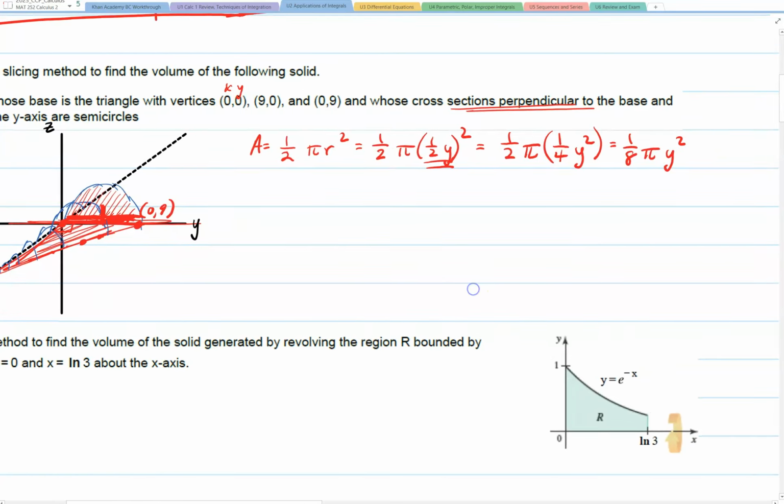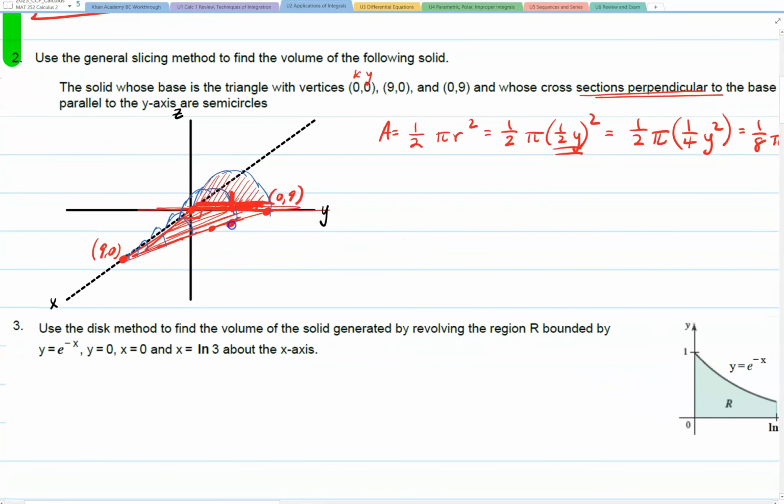Now that's pretty good. We know that the y coordinate in any one of these positions could also be written as a function result in terms of x. I'm going to change my perspective again just a little bit, and I'm going to think of just a top-down view of the xy plane. If I have a coordinate here at (0, 9), and I have a coordinate here at (9, 0), I'm imagining the straight line that connects those two, because that straight line is what's creating the boundary to each of these semicircle cross sections that kind of exist in the z-plane here.